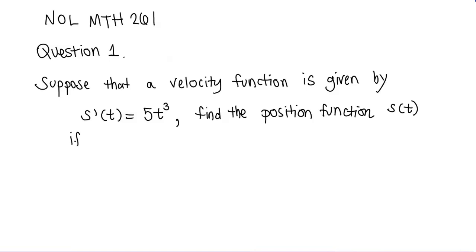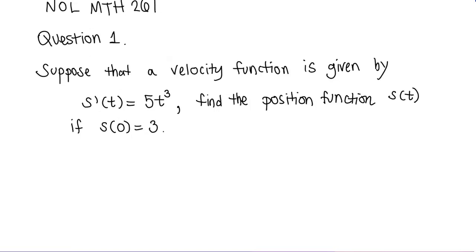if, and here comes the initial condition, S of 0. If you find this function S of t and you plug in 0, let's say that you get 3 out. So that's the initial condition. If you want to find S of t, you will have to find the antiderivative of S prime of t.